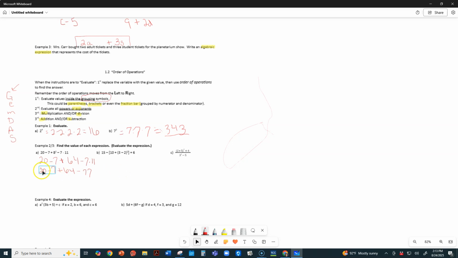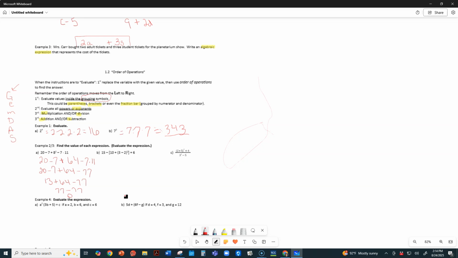So I'm going to subtract these two first. So 20 minus 7 becomes what, 13? Okay. And now I have 13 plus 64. I believe 13 plus 64 is 77. And then 77 minus 77 is 0.